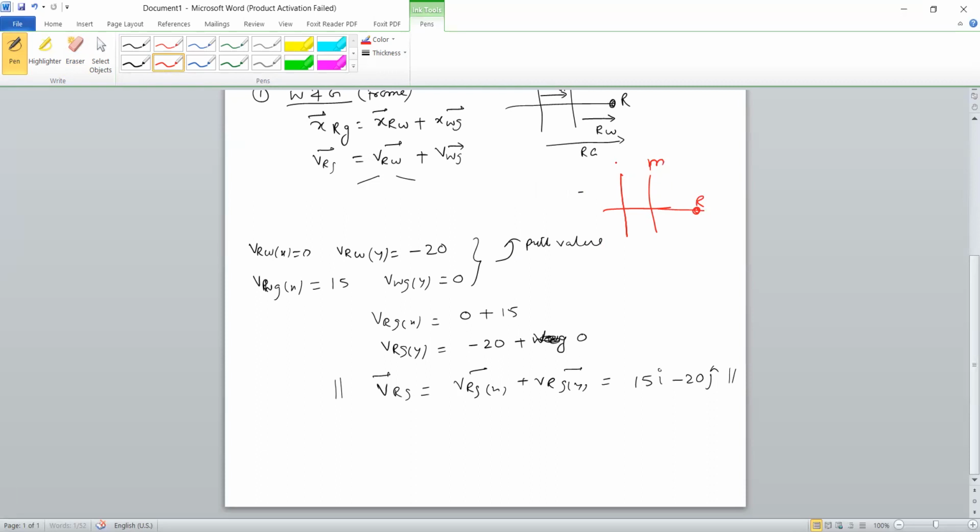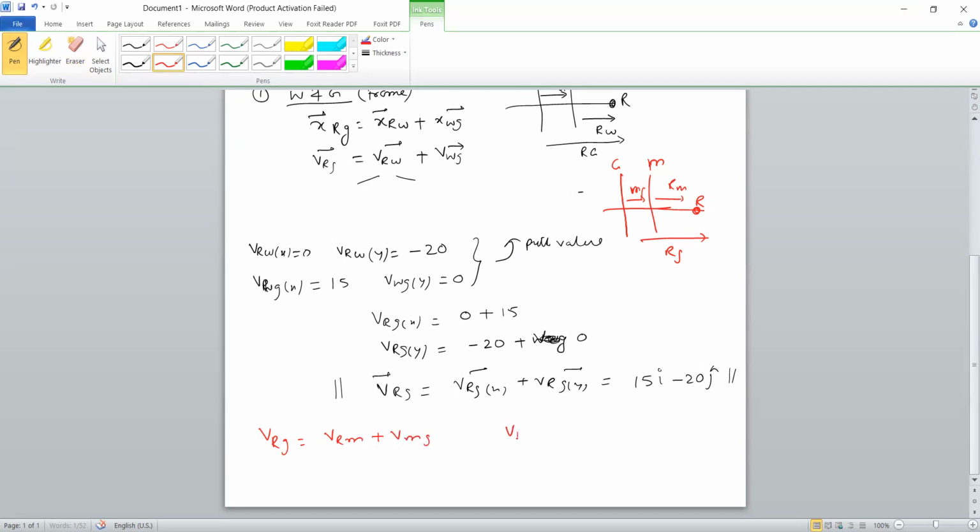There is man and there is ground. On a similar basis, we may write this is RG. This is RM, velocity of rain to man. This is the velocity of man to ground. So we may write the next equation as VRG equal to VRM plus VMG.